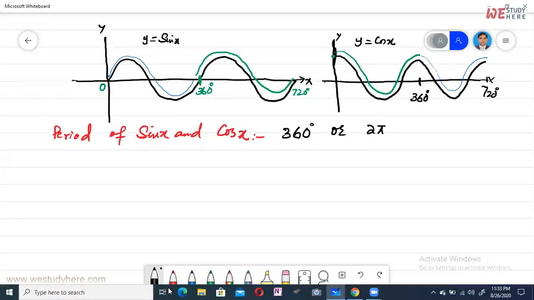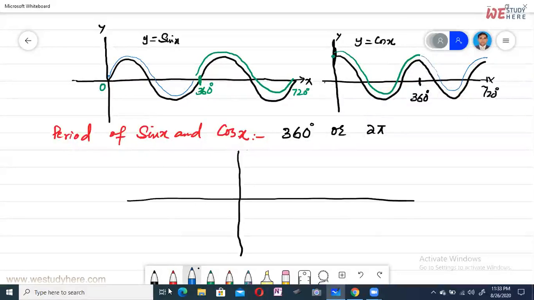Then after that, the period of tan x. Yesterday we discussed the graph of the tangent of x, the trigonometric ratio.